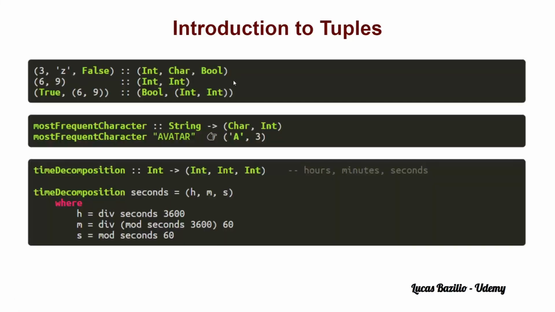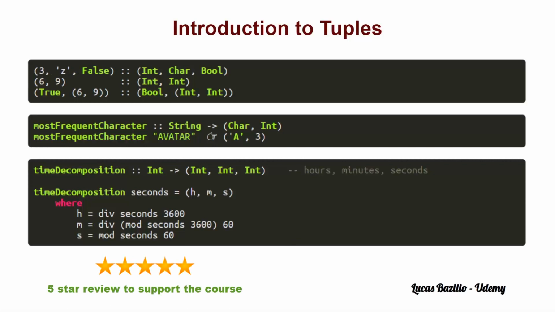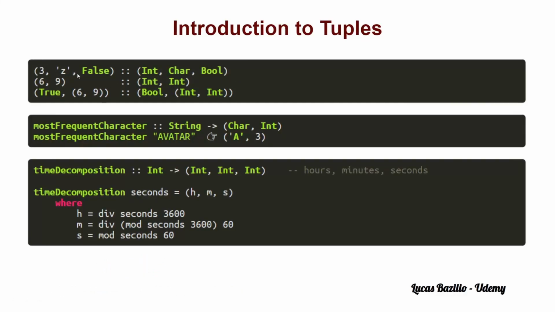Note, here we have a series of examples of tuples in Haskell. The first of them is a tuple that groups three values, an integer, a character, and a boolean. Note that values are written between parentheses and they are separated by commas.